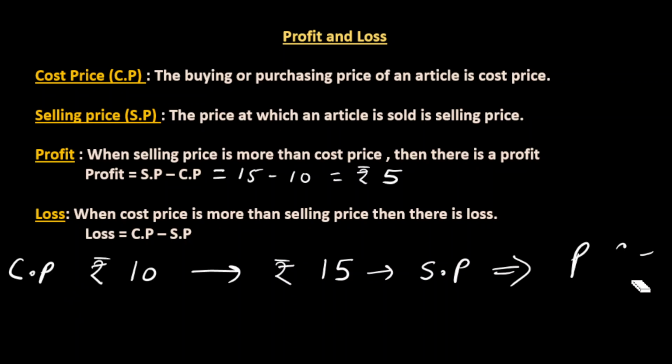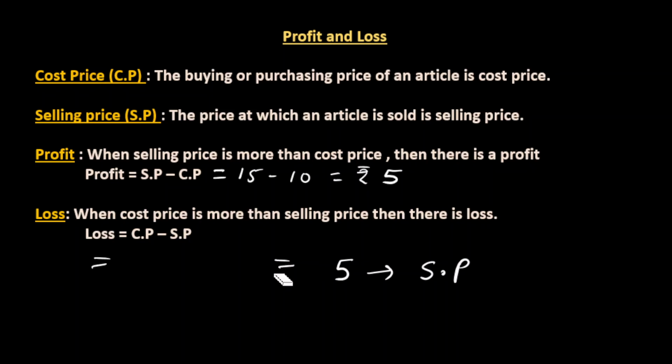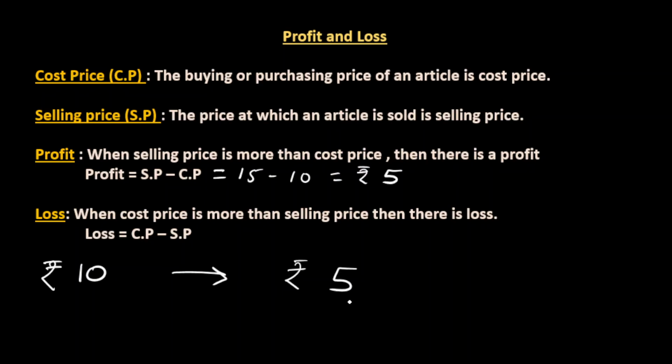Now loss. So what is a loss? When cost price is more than the selling price, then there is a loss. Let's discuss one more example. Suppose you have purchased one pen for 10 rupees and you have a very good friend, your best friend, and you are selling that pen for 5 rupees.